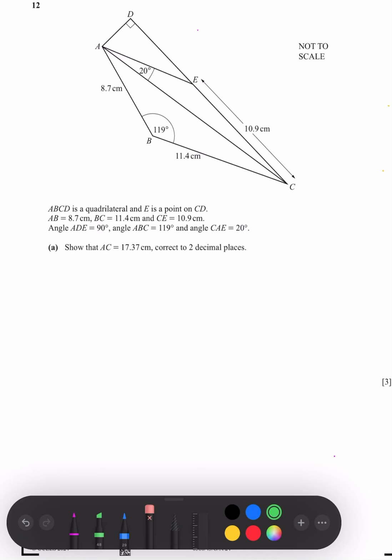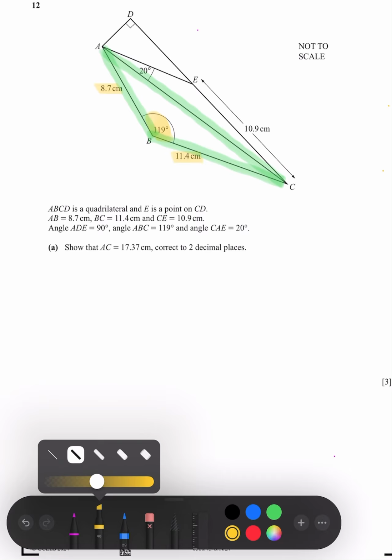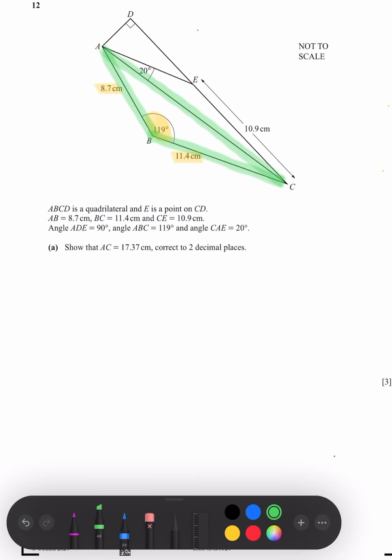Okay, so AC is this side. We have to calculate it. So if we consider this triangle ABC, two sides are given and one angle is given, and we have to calculate this side, AC.